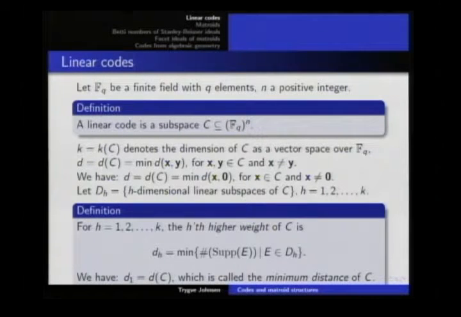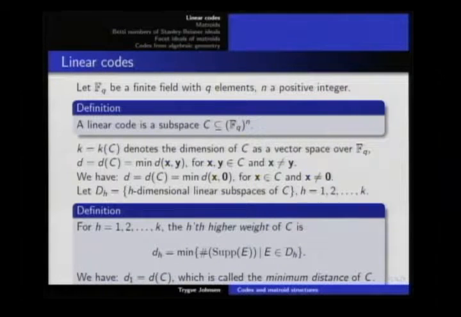Now we will try to refine this distance concept a little bit. Let's look at D_h, the number of h-dimensional linear subspaces of C. Of course you can look at it for h in the range from 0, 1, 2, up to k, which is the dimension of the code.